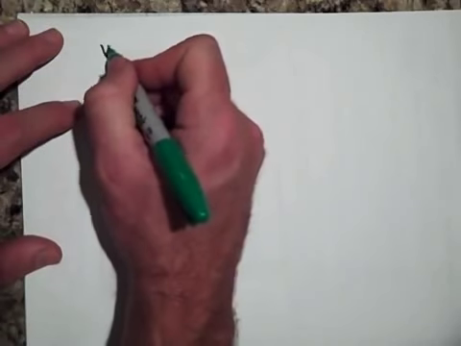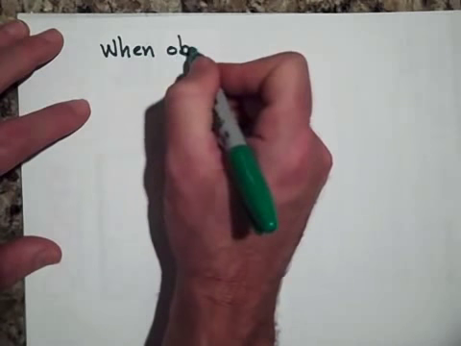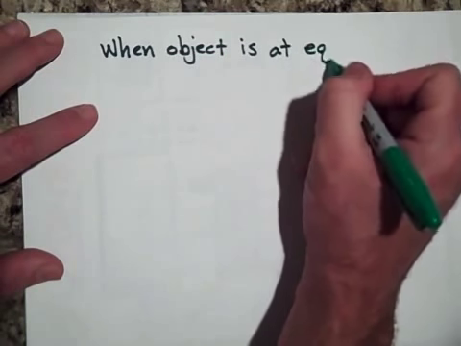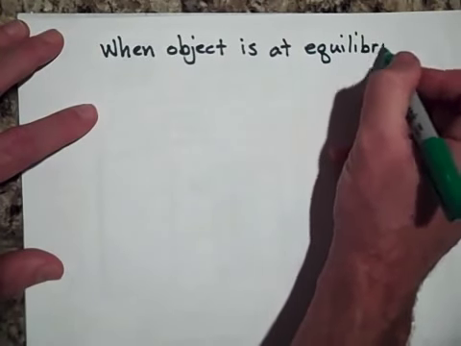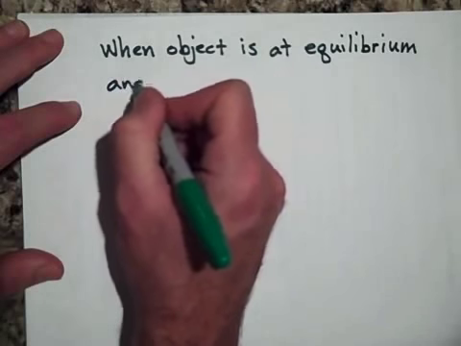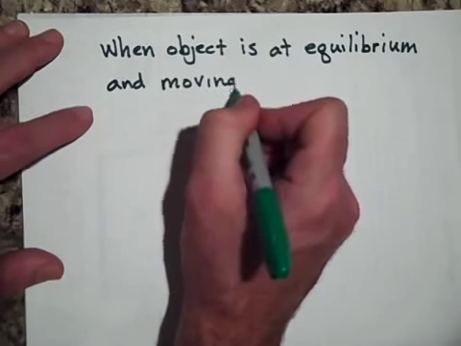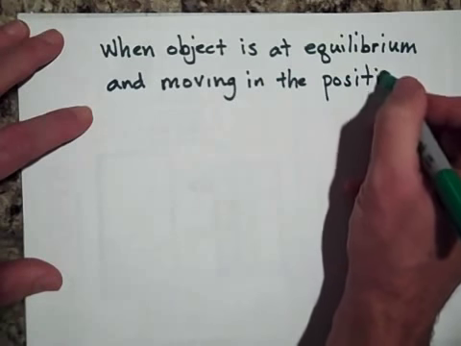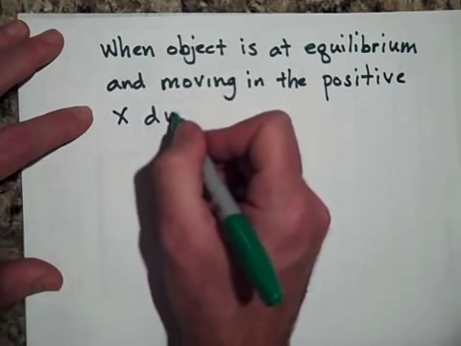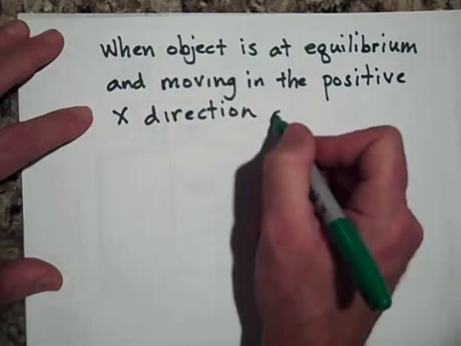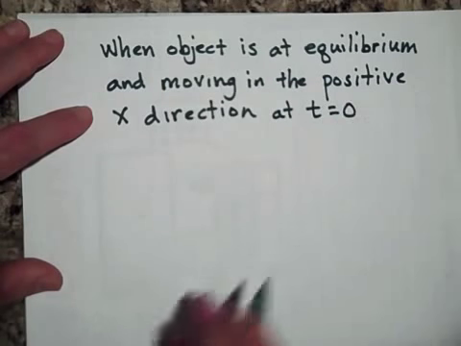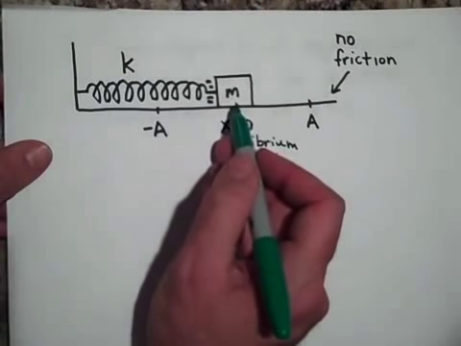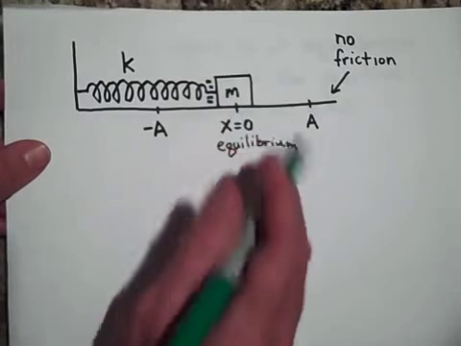When the object is at equilibrium and moving in the positive x direction at t equals 0, what I mean by that is this: see how it's at equilibrium and moving in the positive x direction, heading that way.